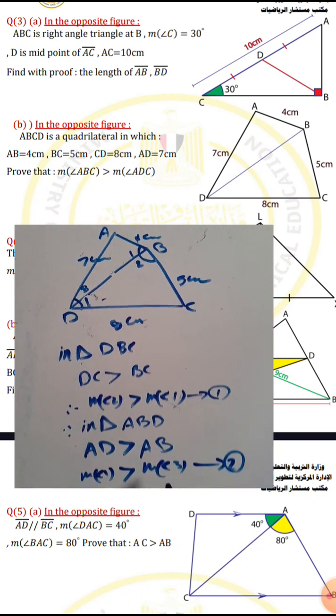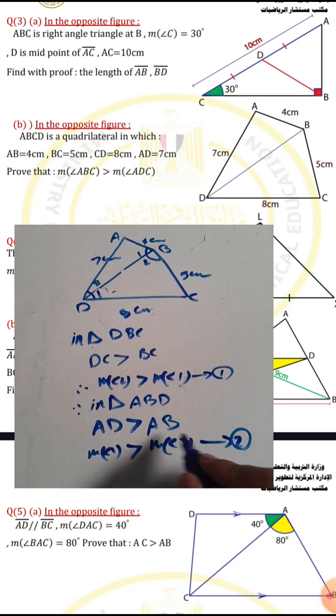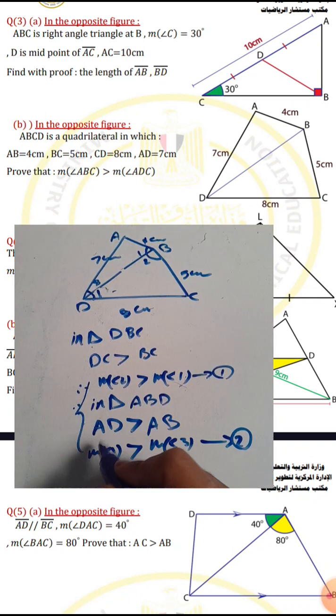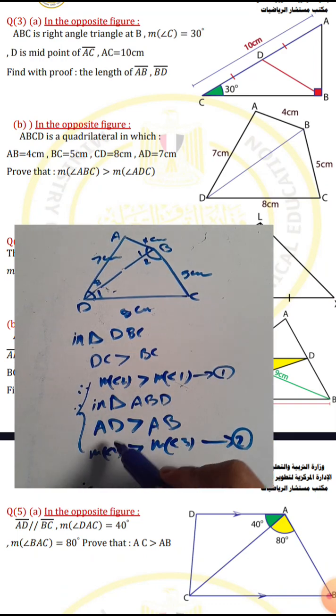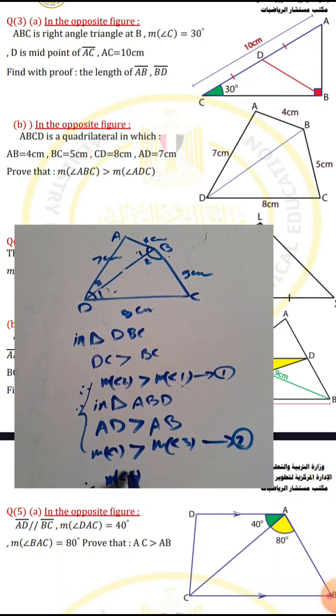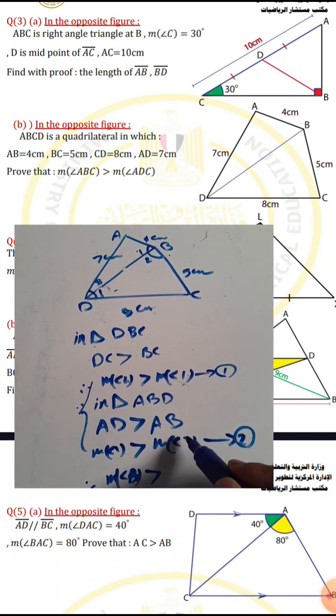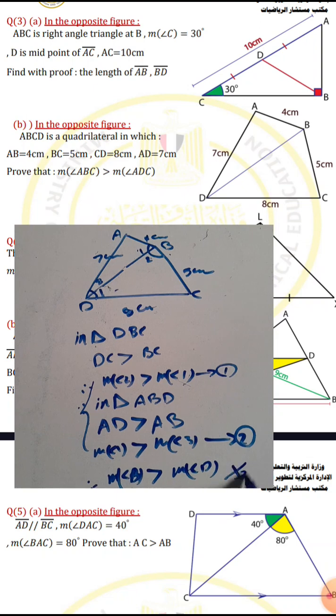This is relation number 2. From 1 and 2, we can add left hand side with left hand side, right hand side with right hand side. Then angle 2 plus angle 1 will be the measure of angle B, greater than angle 4 plus angle 3, which is the measure of angle D. Okay, we proved that here.